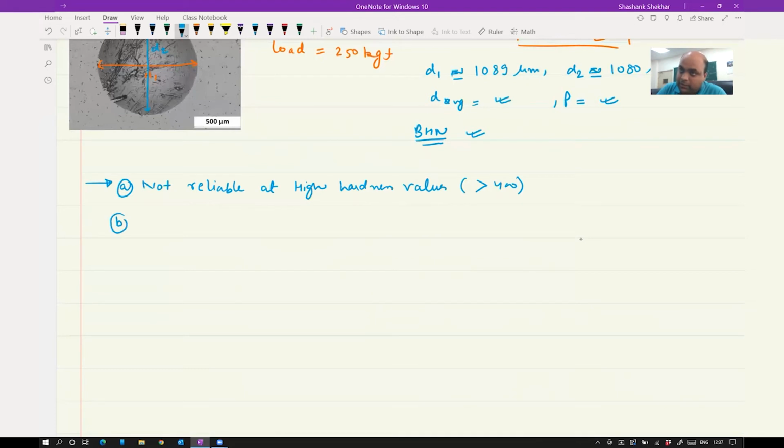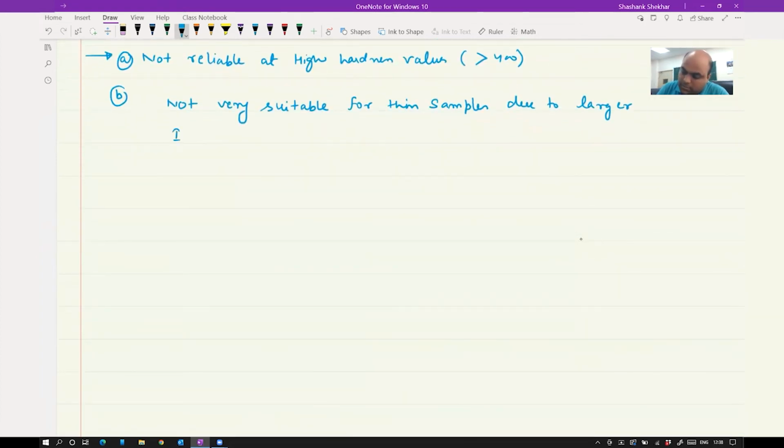And second point is it is not very suitable for thin samples, thin film, etc., or where your sample thickness is not that high, due to larger indenter impression.